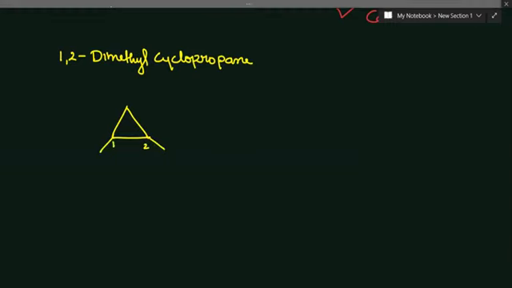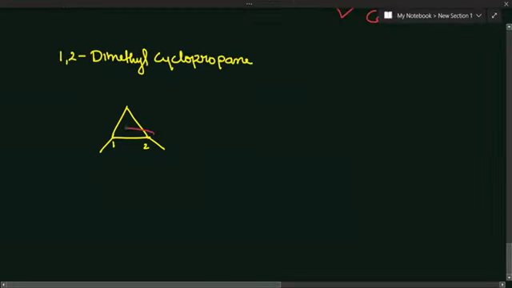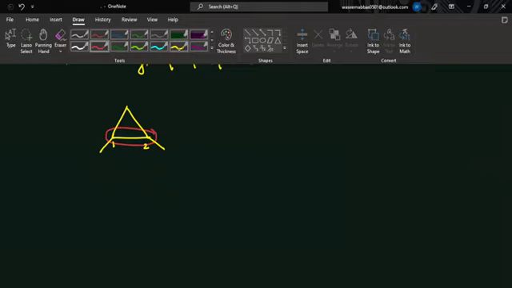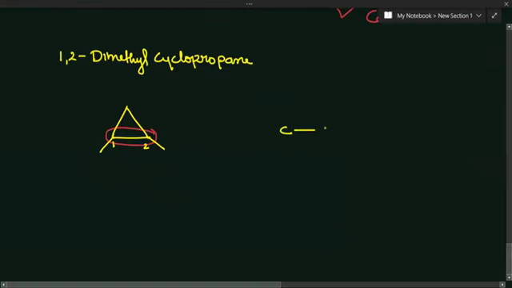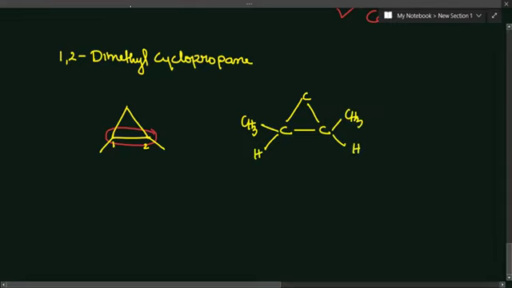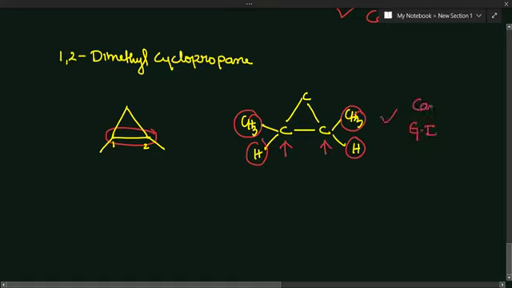If I write stereocenter here, see, this is a stereocenter. Now if I write this structure here, C, and it is bonded with the third carbon. Now this carbon has a methyl group and a hydrogen, and this carbon has a methyl group and a hydrogen. Now please check these carbons. This carbon has a methyl and a hydrogen. This carbon has a methyl and a hydrogen. So therefore, this can show geometrical isomerism.